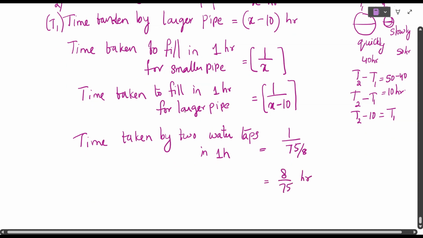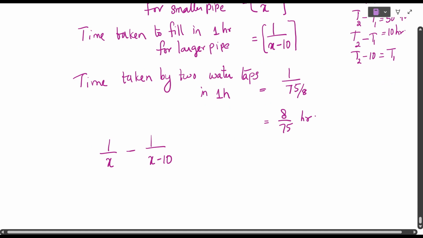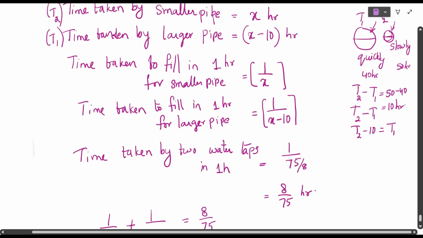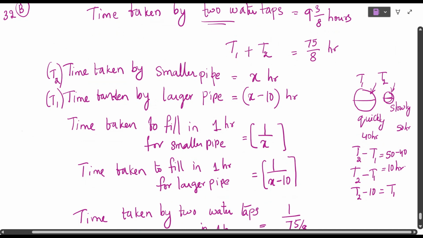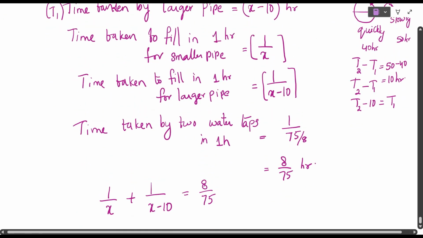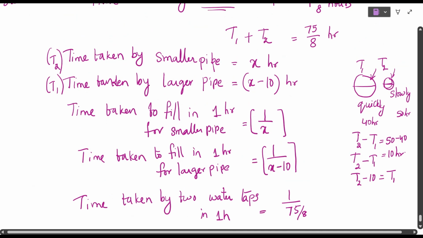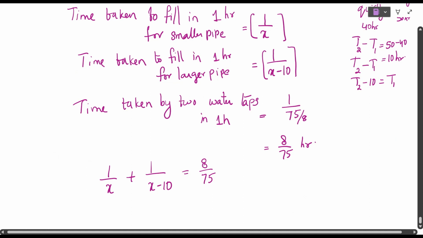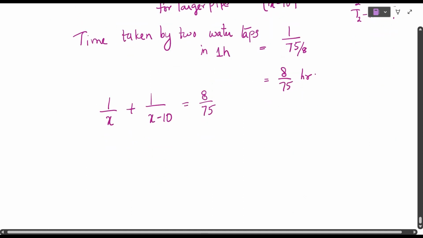So 1 by x plus 1 by x minus 10 gives 8 by 75. Okay, students? Understand carefully. Very, very easy. So for 1 hour we are calculating. So time T1 plus T2 gives 75 by 8. So here for 1 hour we have calculated, so add both timings. This gives 8 by 75.